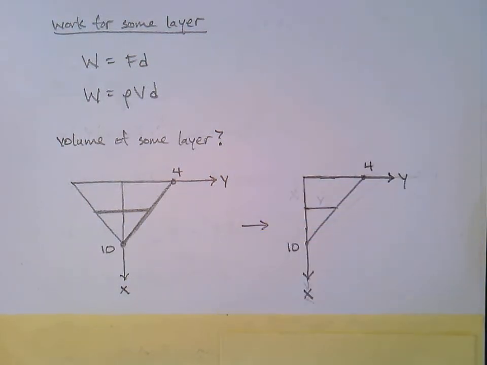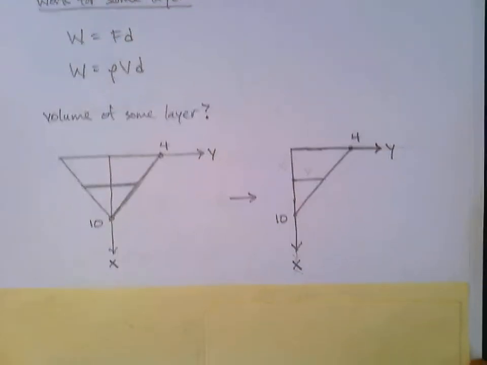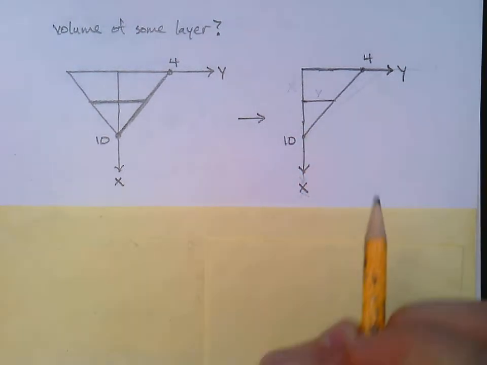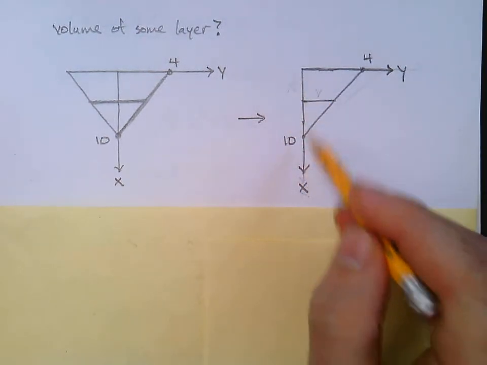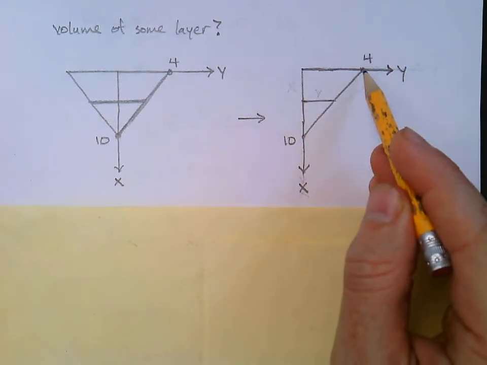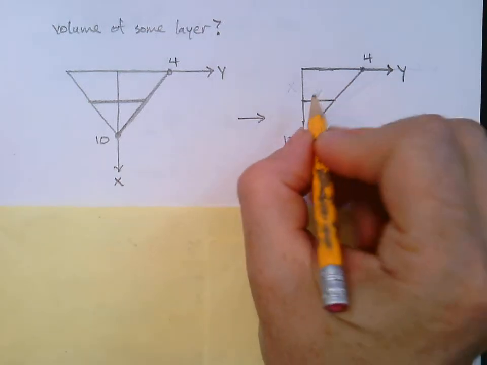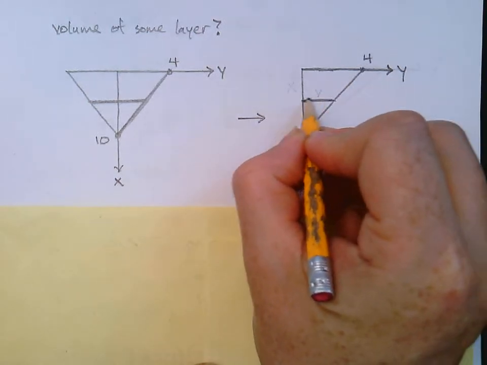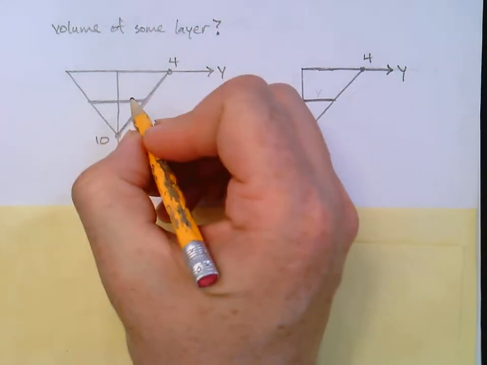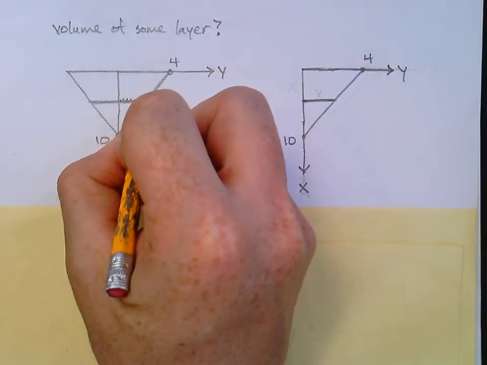So we can simplify this just a bit and only draw half of it. So I've still got my X and my Y axes, still saying that's 10 and that's 4, but now I'm only considering half. And there's the layer of water, or we should say that's half of the layer of water, right, corresponding to this.